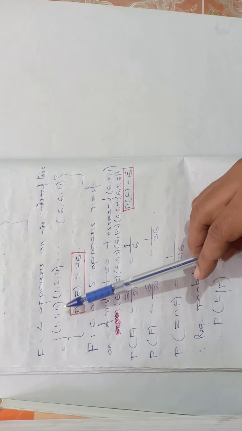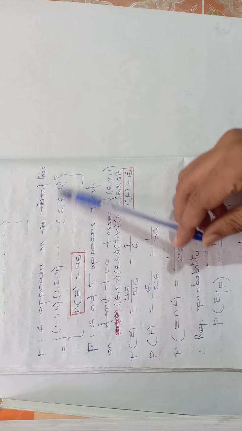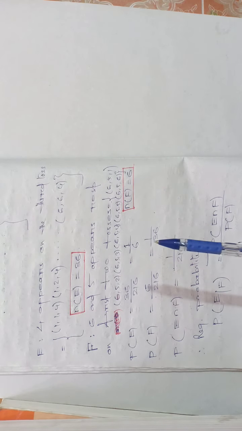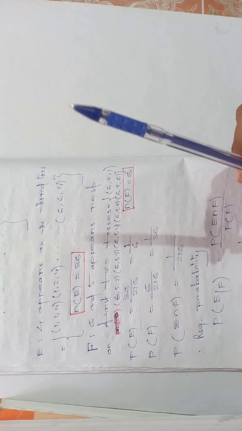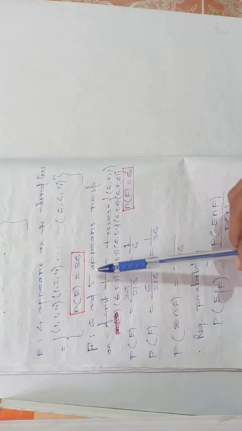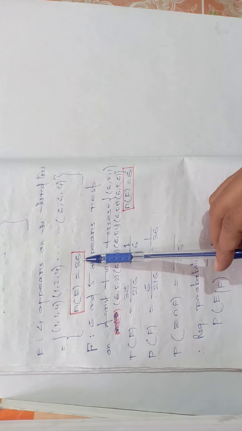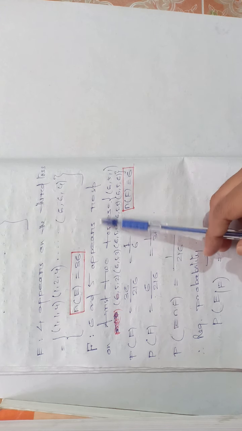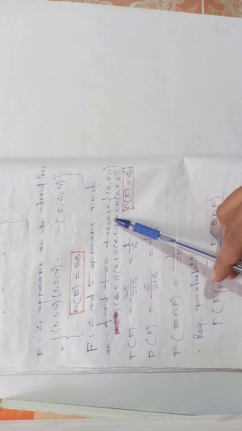Now E is the event that 4 appears on the third toss. So these are the elements we can collect from this set: 4 appears on the third throw, and there will be 36 elements. And F is the event that 6 and 5 appear respectively in the first 2 tosses.